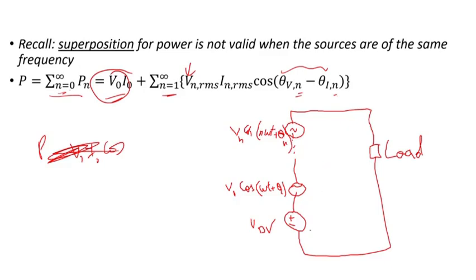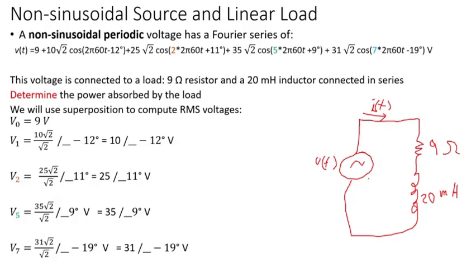So why do we need this? Well, if you have a circuit, for instance, hypothetically speaking, with some DC in series with a first order harmonic source and all the other terms supplying a load, we'll apply how to handle this situation.